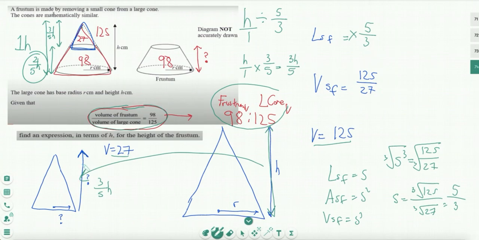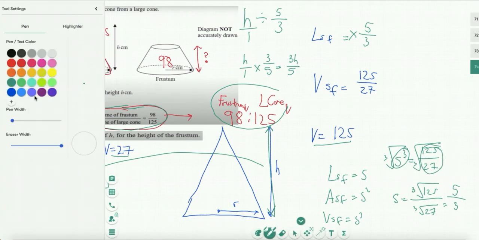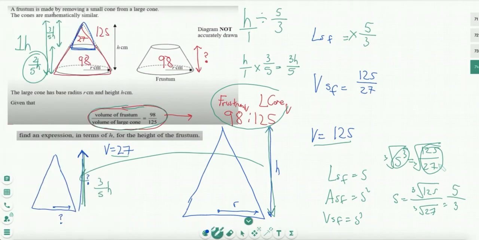Then, since we're trying to find an expression for the height, we want to find the length scale factor. So if we know s cubed is 125 over 27, to find s, we're going to cube root both sides. The cube root of 125 is 5, the cube root of 27 is 3, and that was our length scale factor.